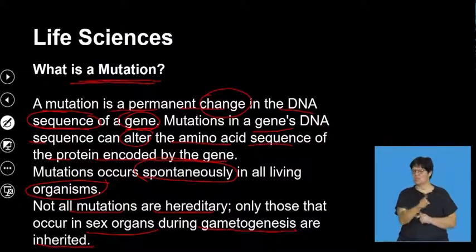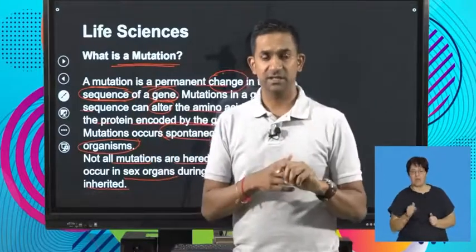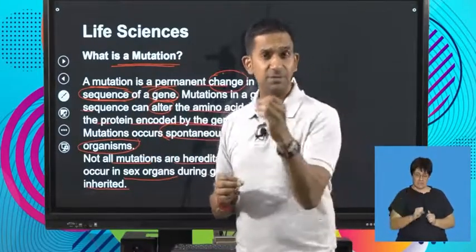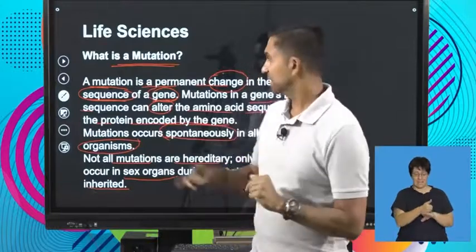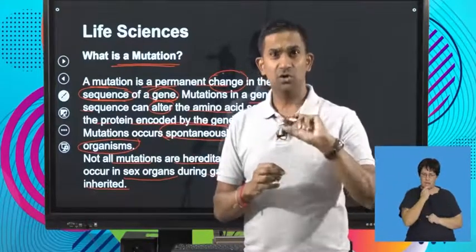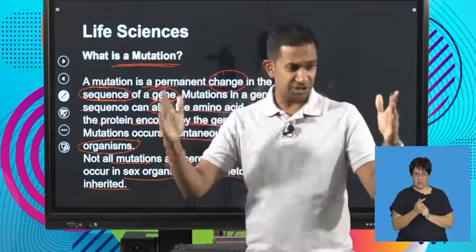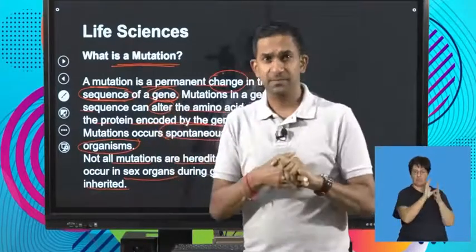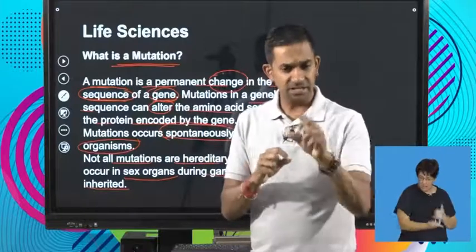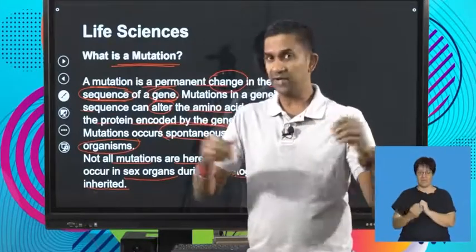So as I mentioned, that mutations are a change in the sequence of a gene. And so if we think of what a gene is made up of, a sequence of nucleotides coded by specific number of nitrogenous bases. These mutations mean that there has been an alteration or a change in that sequence. And so if we recollect that a gene codes for a characteristic, if we change a sequence of a nucleotide, it could in turn affect the mRNA that is produced.